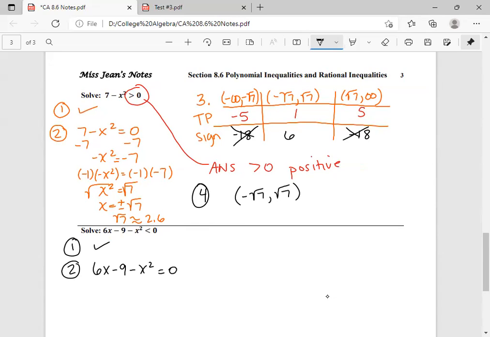Those of you following on Zoom, this one's a little bit tricky because we've got a negative in front of the x squared. Let's go to our quad program and get the answers to this one. So what are our zeros? We're just going to use our quad program and cheat a little bit on this one. So A would be -1, B would be 6, and C would be -9.